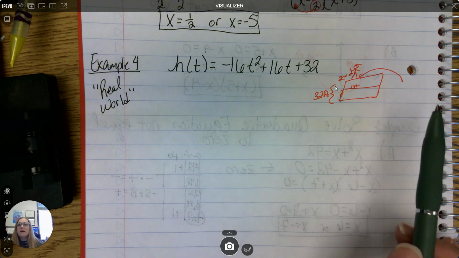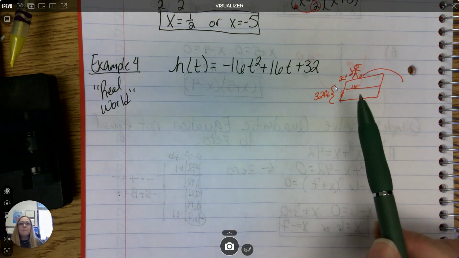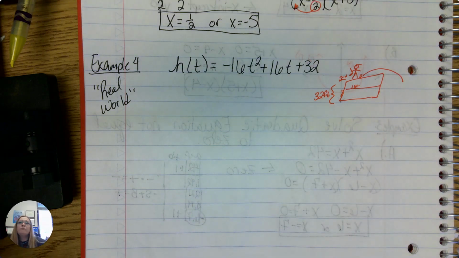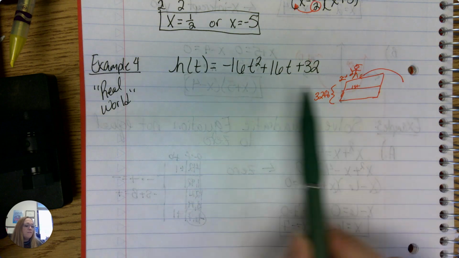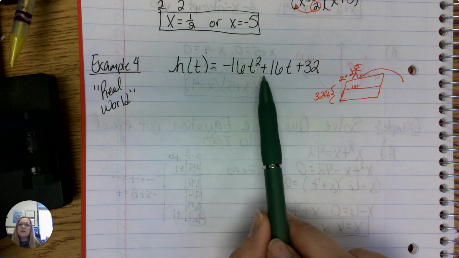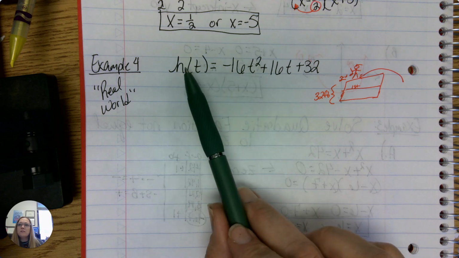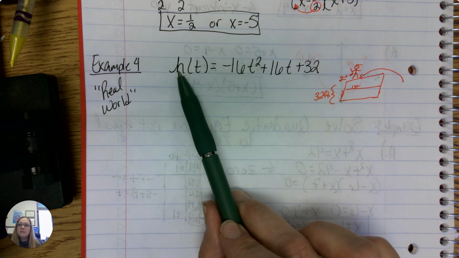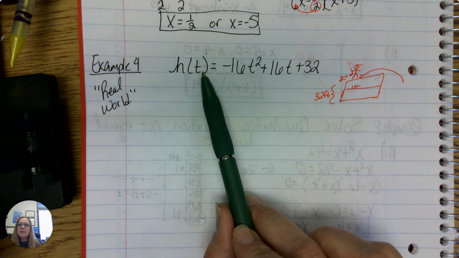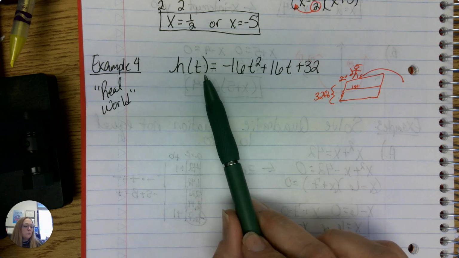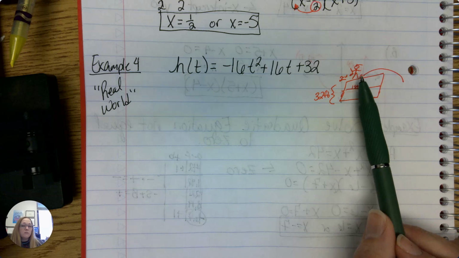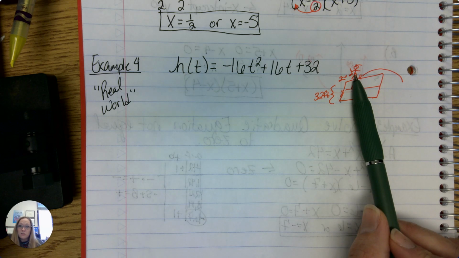So my lovely little drawing here, right? We have a quadratic equation given to us here. We can call it our function since we're looking at the height will be our y value, t is our x, which is our time. So we have our fabulous little golfer here.